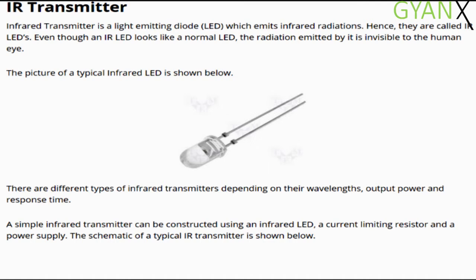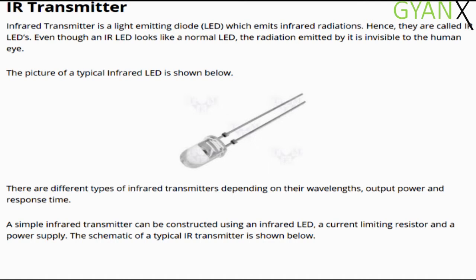IR transmitter. An infrared transmitter is a light emitting diode, which is called an LED, which emits infrared radiation. Hence, they are called IR LEDs. Even though an IR LED looks like a normal LED, the radiation emitted by it is invisible to the human eye.